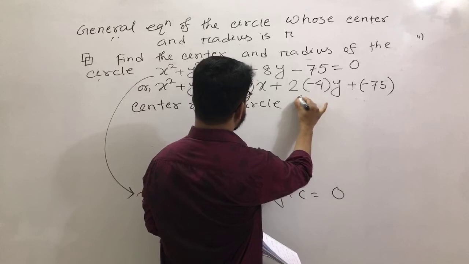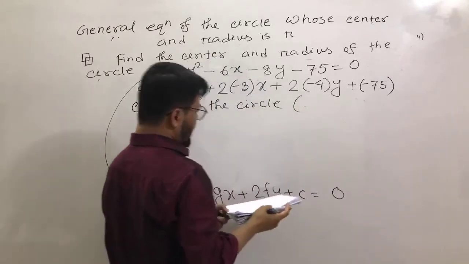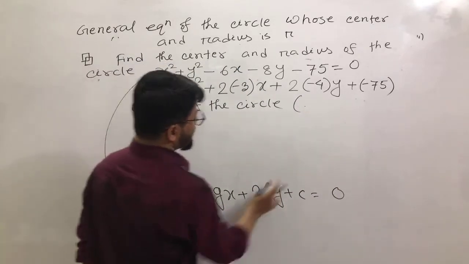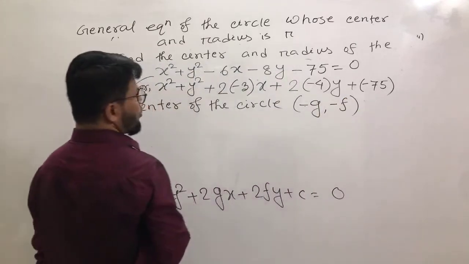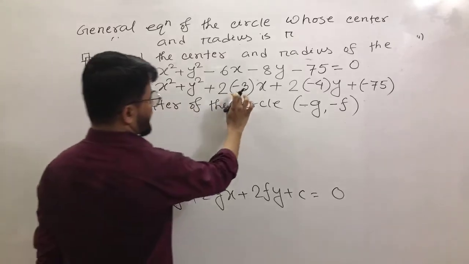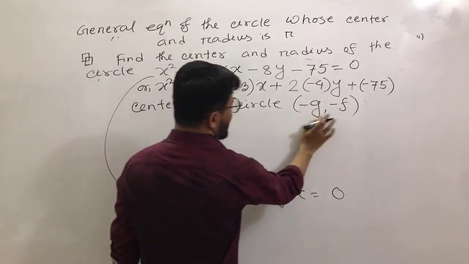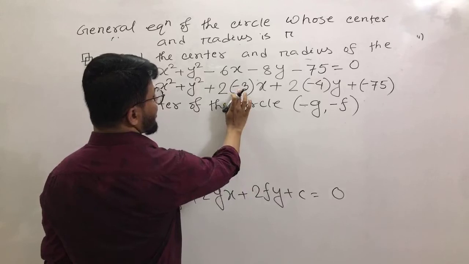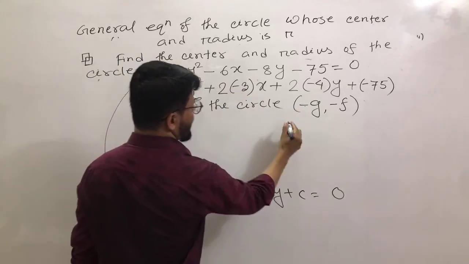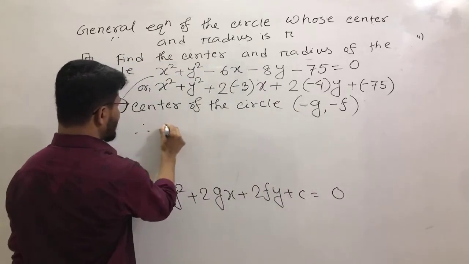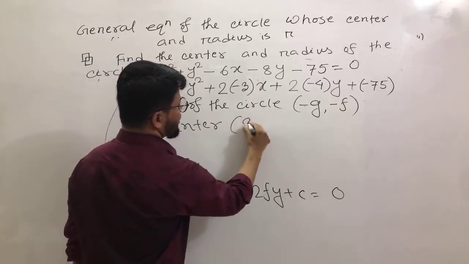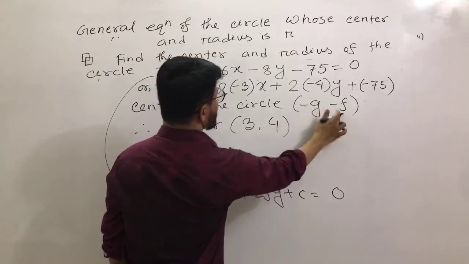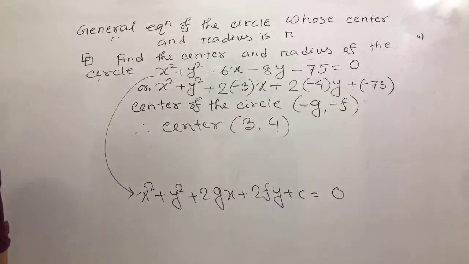Here g is minus 3 and f is minus 4, so the two minuses eliminate each other. The center is 3 and 4.